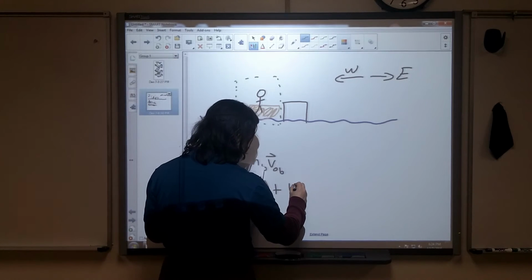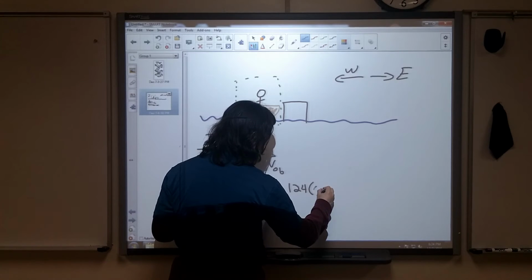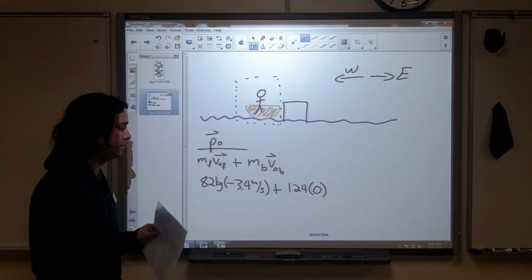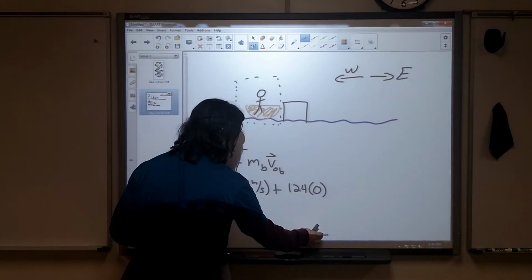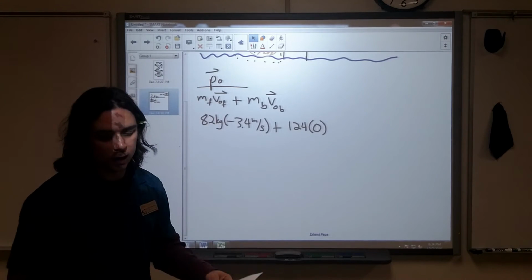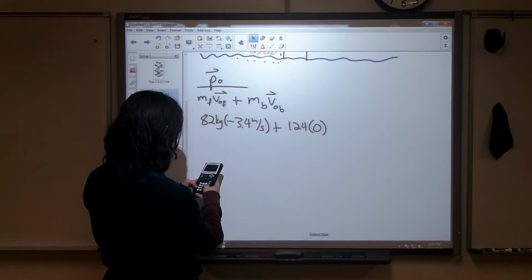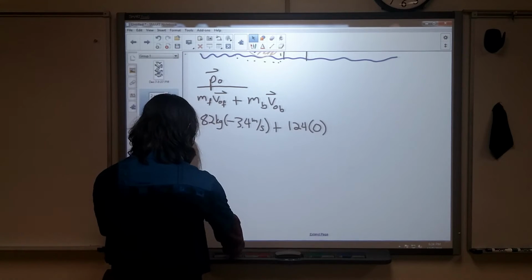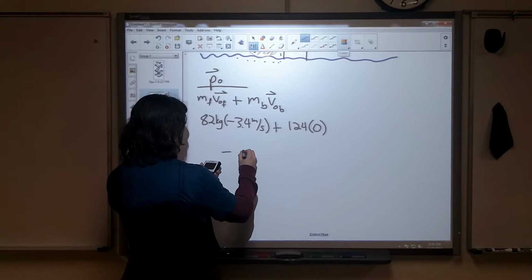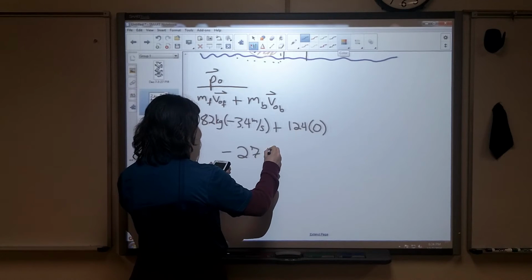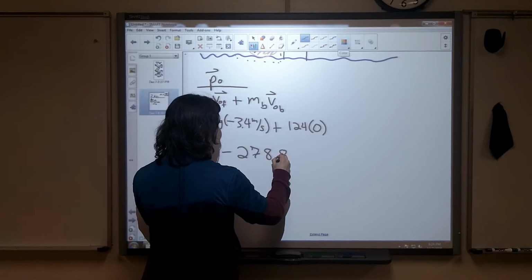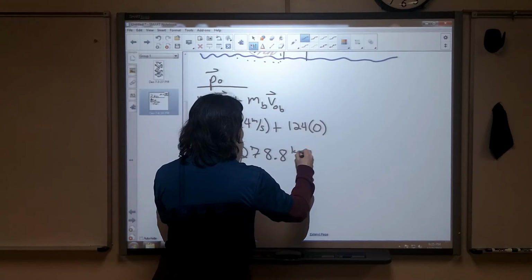Plus the mass of the boat, which is 124 kilograms, times 0 meters per second because the boat is not moving initially. This is going to look a lot like the car crash ones that we looked at in class. I'm going to take 82 kilograms times negative 3.4. I'm going to end up with my initial total momentum for my system, negative 278.8 kilogram meters per second.